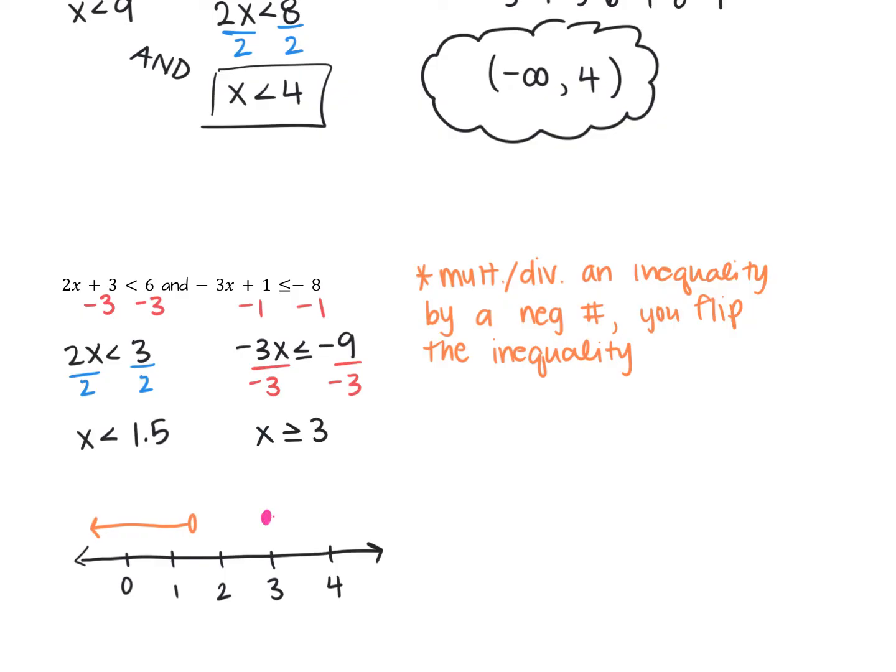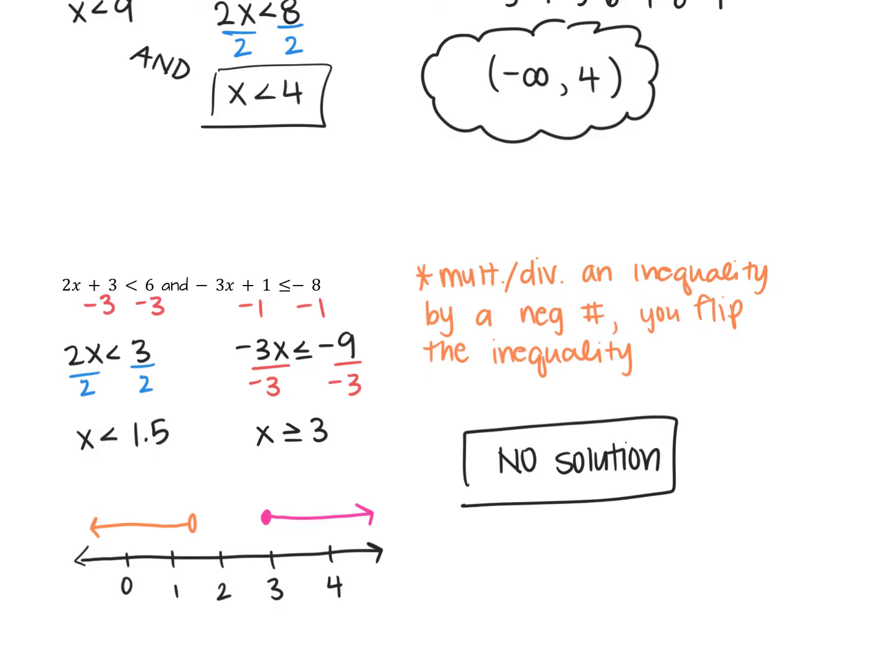So I do open circle at 3 and then closed circle at 3, sorry, and then everything greater than that is to the right. Now I'm looking for where they overlap, and there is no overlap here. So this is an example of no solution because they do not overlap. If you also think to yourself, I can't think of a number that is less than 1.5 and greater than or equal to 3, you can't find a solution to that.